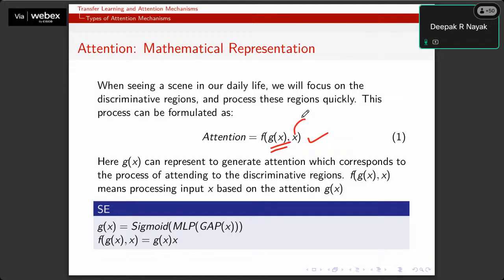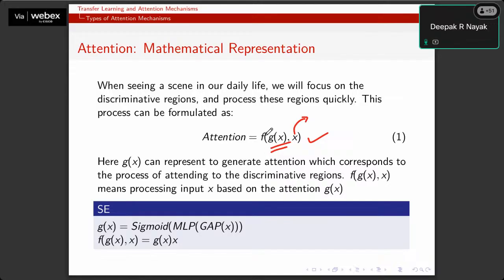This x is nothing but the input on which you want to apply the attention. This is how we can represent any attention in the form of a mathematical expression. We'll see how to define this g of x in case of channel attention, and what this g of x is in case of spatial attention. And the whole function is nothing but an attention function over here.